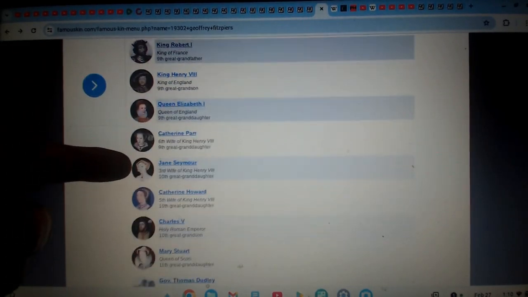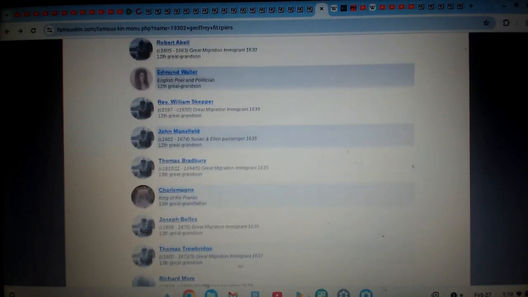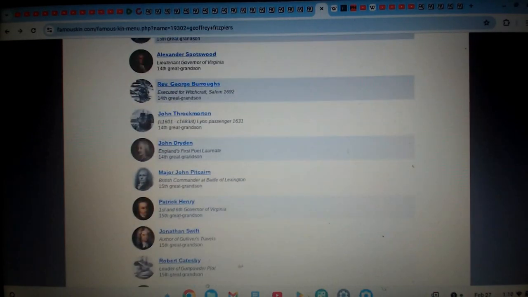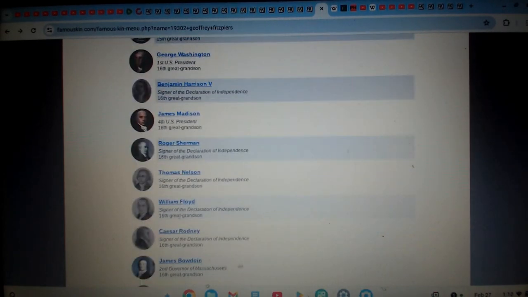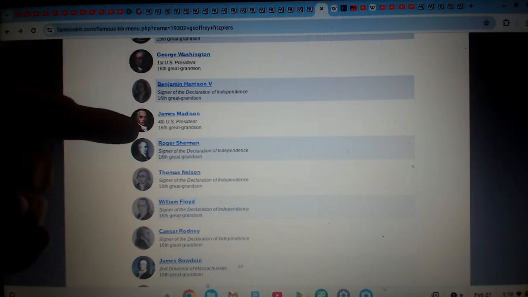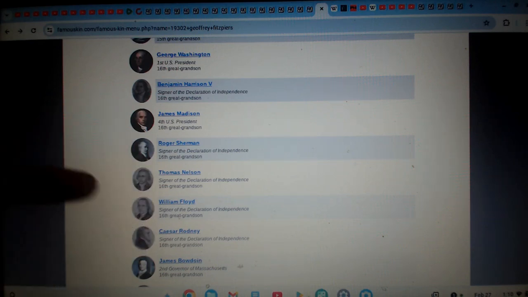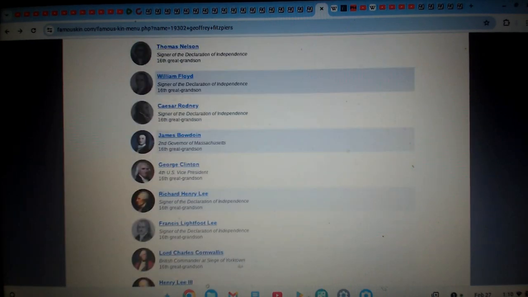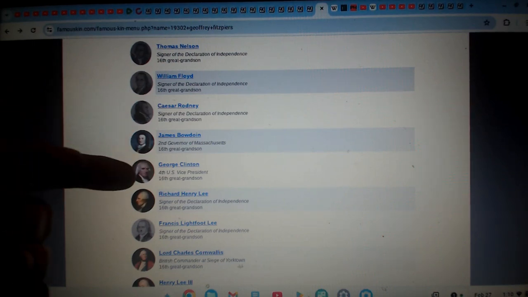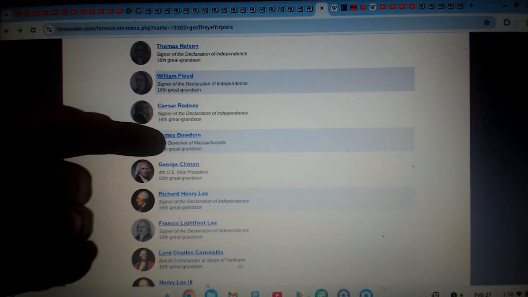And all the main players in between, Henry VIII, Elizabeth I, Elizabeth II, or whatever, all of them. Everyone is to this whatever, you know what I mean? George Washington, signer of the Declaration of Independence, 4th U.S. President, signer of the Declaration, 4 of them signer of the Declaration of Independence, U.S. Vice President, Governor.